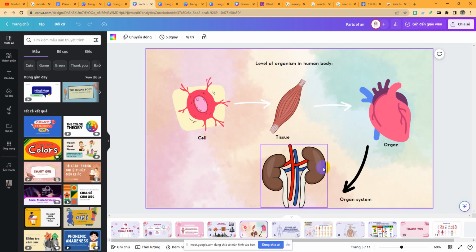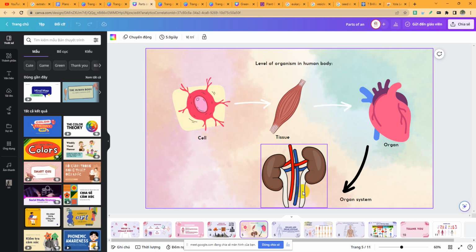And then last but not least, we have an organ system. How to express it? It's a combination of different organs that can perform a specialized and specific task, and overall numerous organ systems help our life and make our survival possible, right?